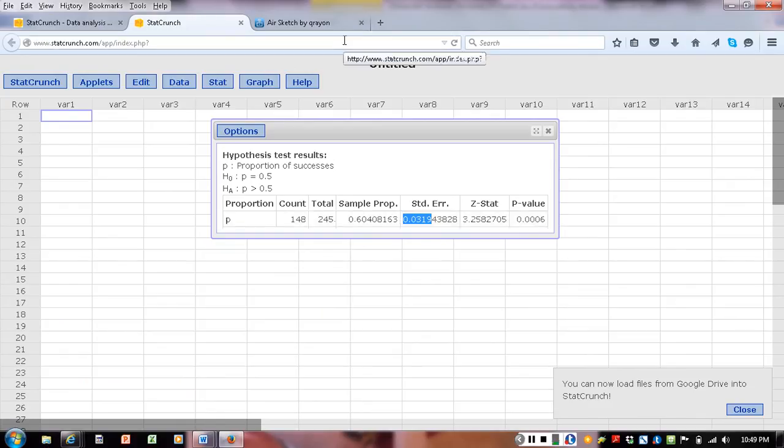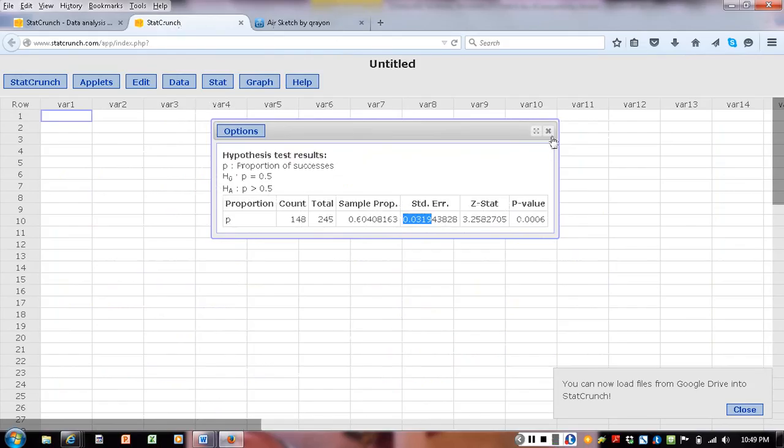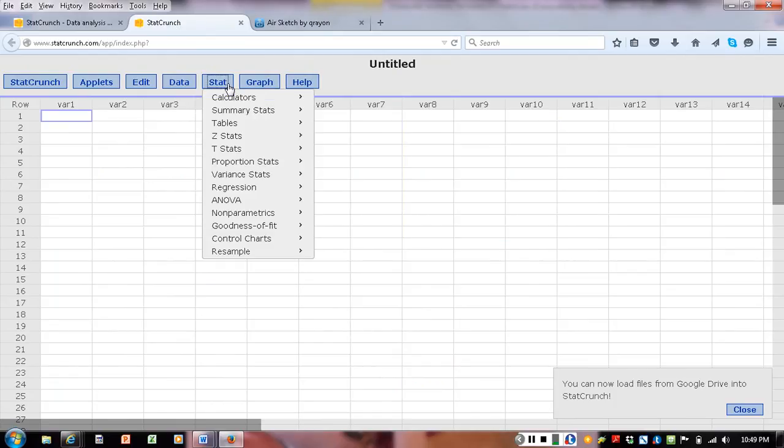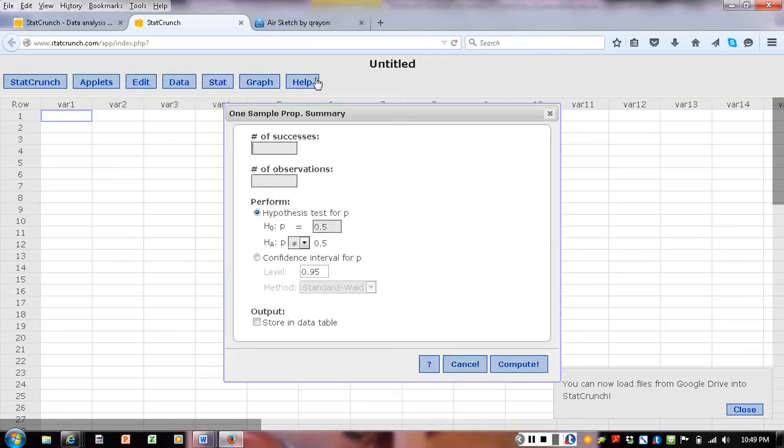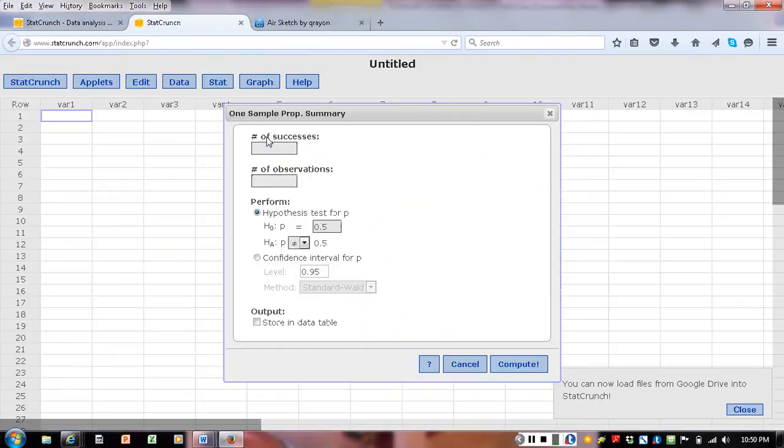Let's do the same thing for example 3. With our new data, let's look at what we got. I'm going to go to the same place, Stat, Proportions, 1 Sample with Summary. I'm going to enter the values you use to create p-hat, so the 351 out of the 525.